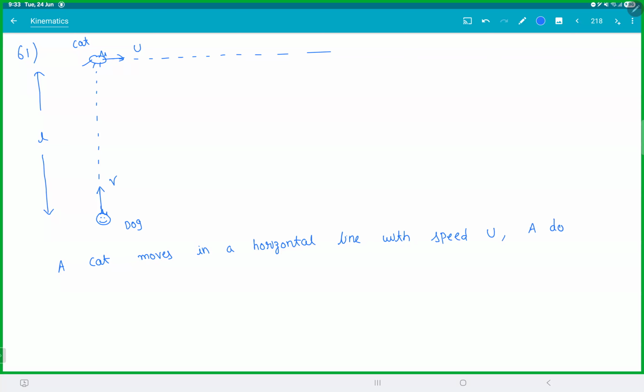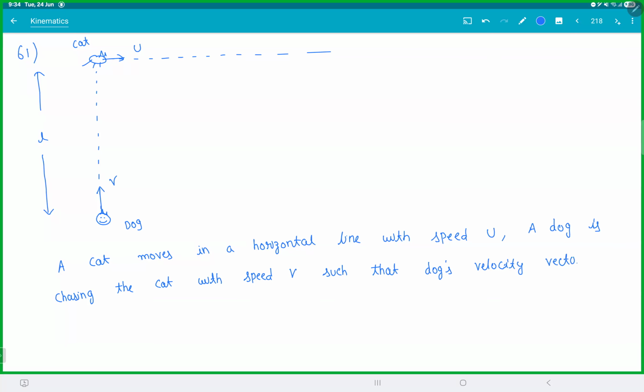A dog is chasing the cat with speed v such that the dog's velocity is always directed towards the cat. That means the dog is always looking at the cat and running.